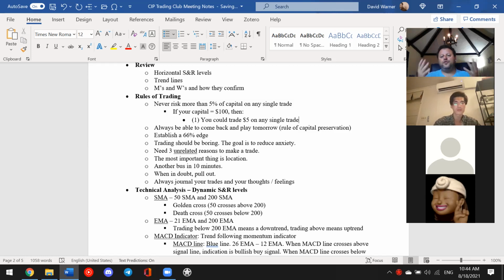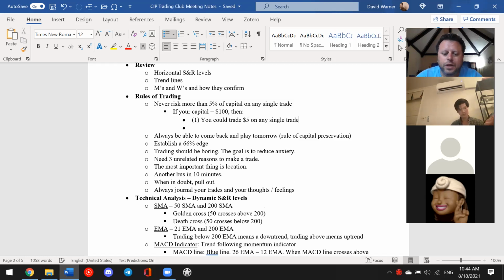Now, if I buy $5 of some cheap stock or some cheap coin and it goes to zero, I lost my $5. That's fine. But there's another option: you could trade a bigger amount with a stop loss. And that's what I think most people do.